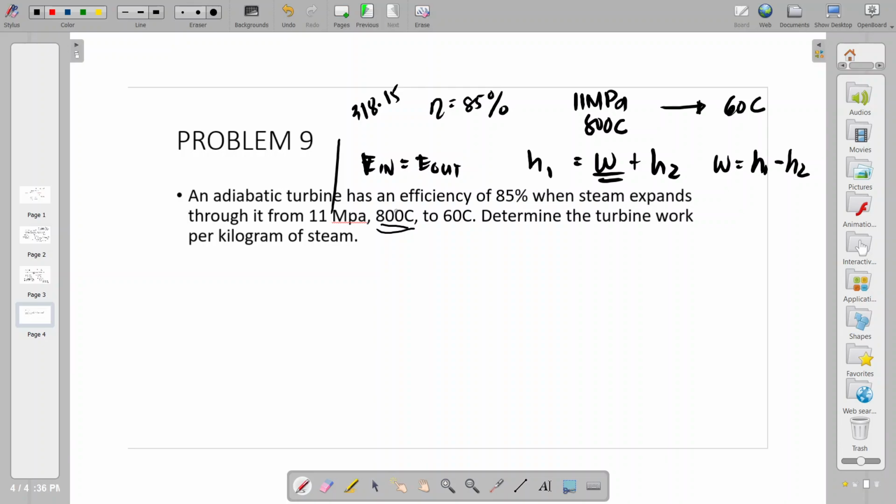So, hanapin ulit natin si 11 MPa sa table number 3. Okay, ayan si 11 MPa at 800 degrees Celsius. Ang concern natin is H. So, that is 4110.4. Alright. At ang S natin dito ay 7.3605.